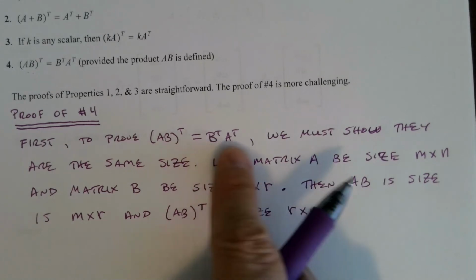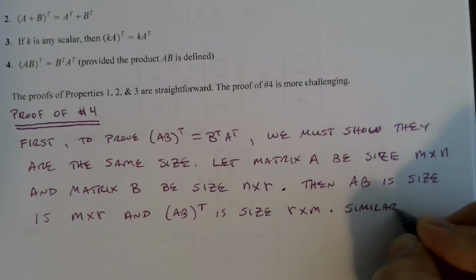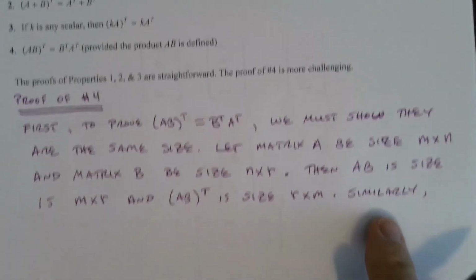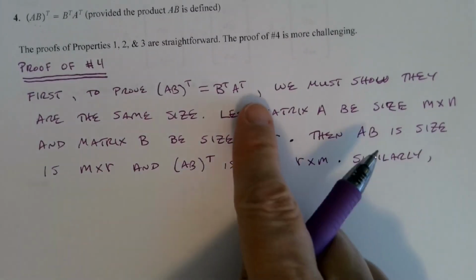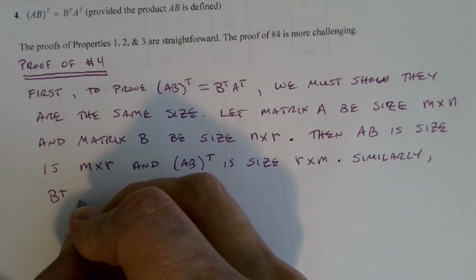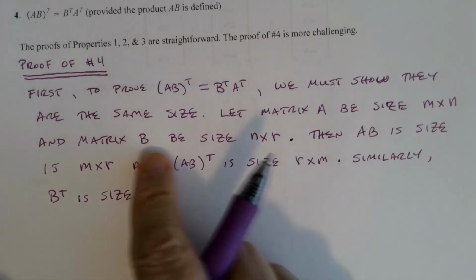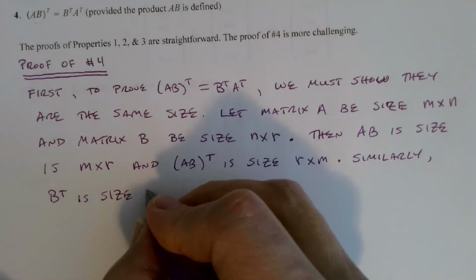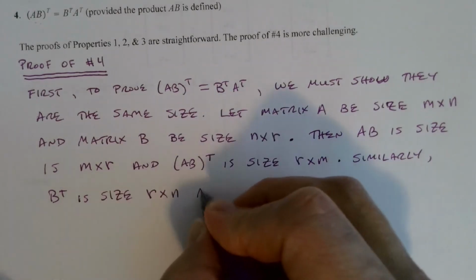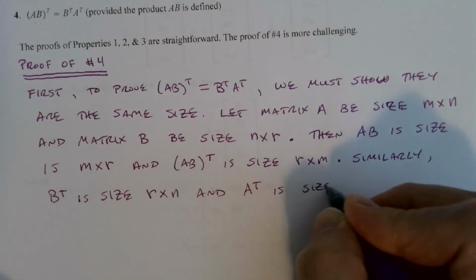Now we have to show this side is. Similarly, on the other hand, looking at this side, B transpose is what size? Well, B was size N by R, so B transpose is R by N. And A transpose is what size?